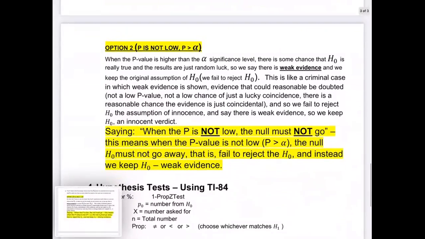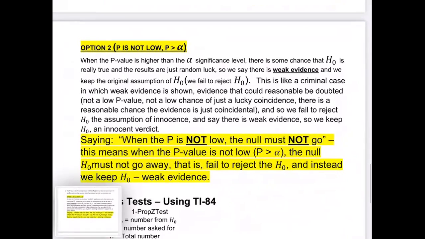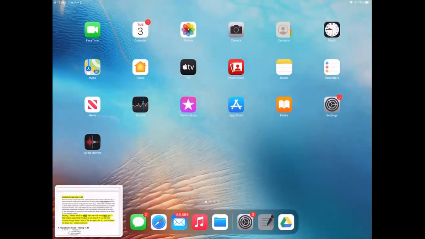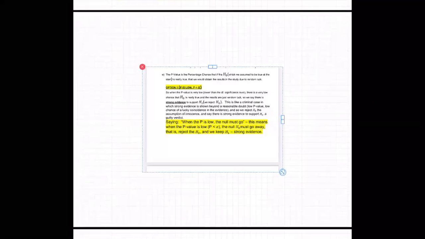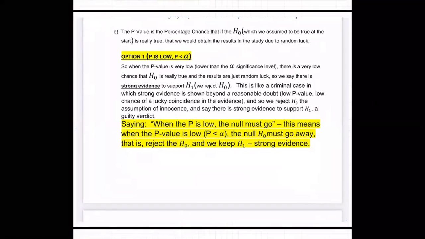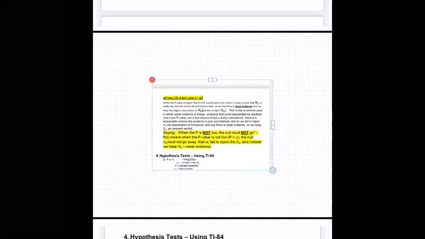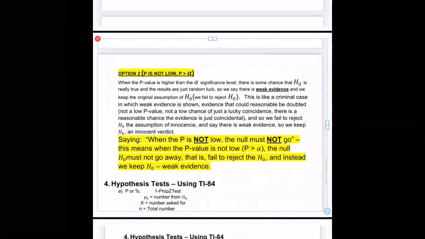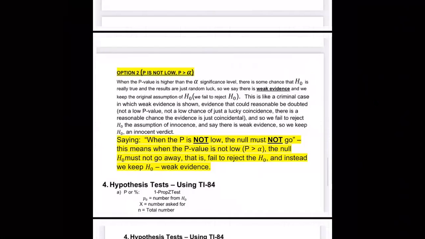Option 1, option 2. All right, back we go. Good deal. Option 1. Boom, there it is. Perfect. Down here, option 2. Yeah, beautiful. All right. So there you go.